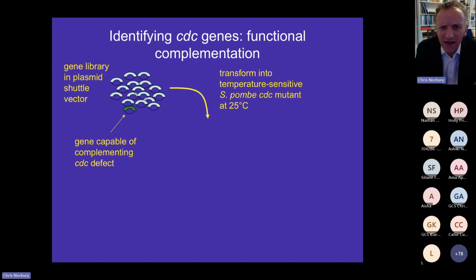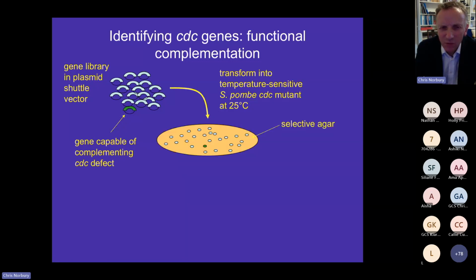So if we can introduce that into our temperature-sensitive CDC mutant, then that gene, which I've color-coded green here, will be able to provide the function that is lacking in the CDC mutant when it's shifted to the high temperature.